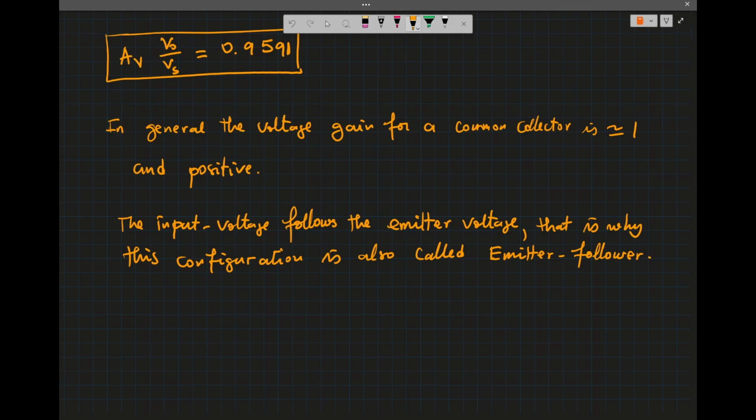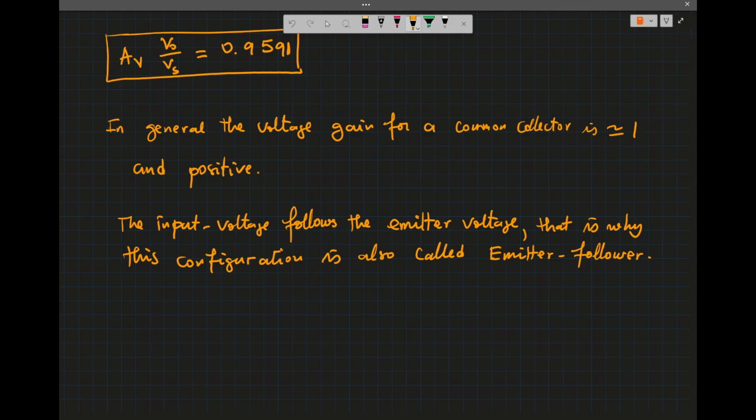Because let's say you're doing an audio amplifier and the output stage, the speaker's resistance is small.